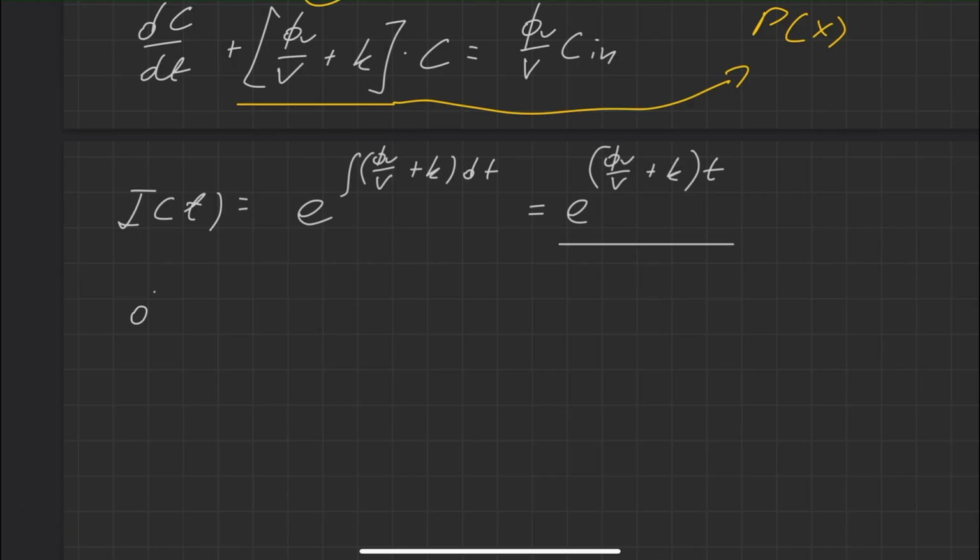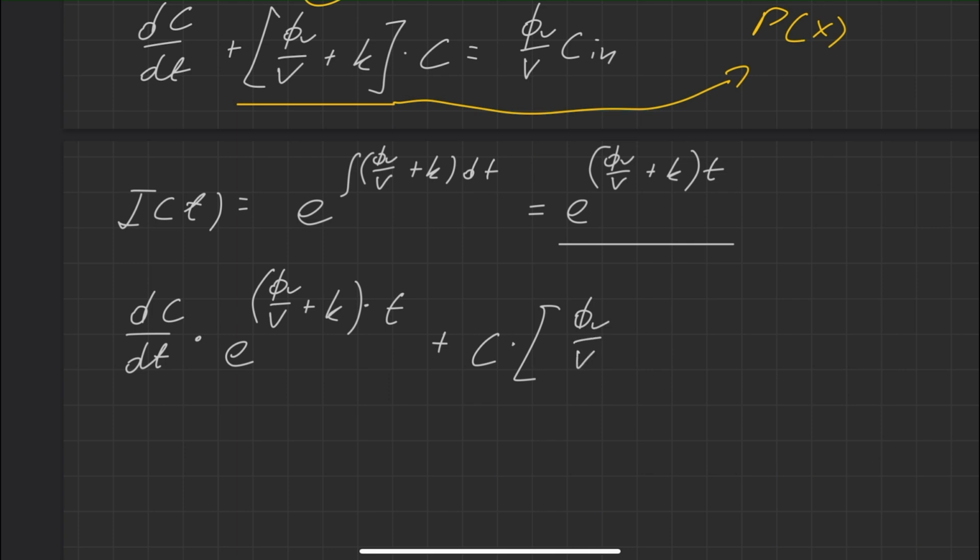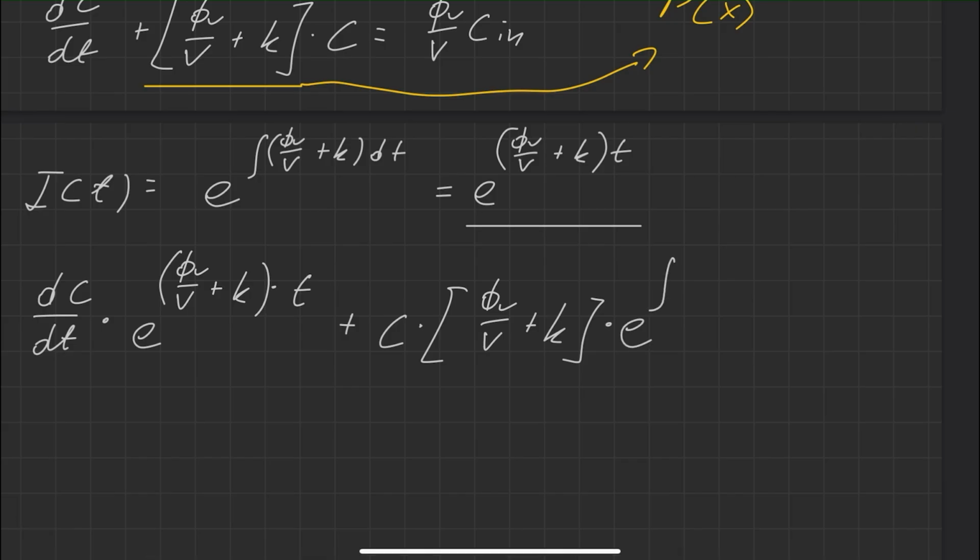We can now multiply both sides by this expression. So we get dC/dt times the exponent of (volumetric flow rate divided by volume plus k) times t, plus the dependent variable times this expression right here times the integrating factor, equals the right-hand side multiplied by the integrating factor.